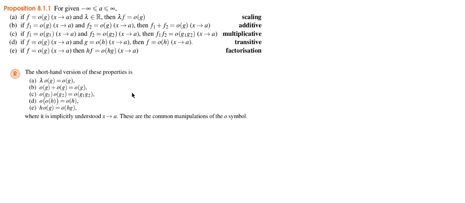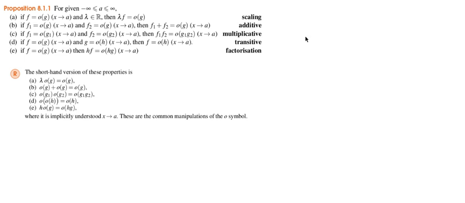Okay, so there's a set of basic properties that make this notation very useful to work with, and that's why we use them, right? There are 5 of them, and they will be very similar to other properties that we've seen before. So for instance, the first one is that the small o scales, right? If we have f is small o of g when x goes to a, and we have a real number lambda, then lambda times f is also small o of g, okay?